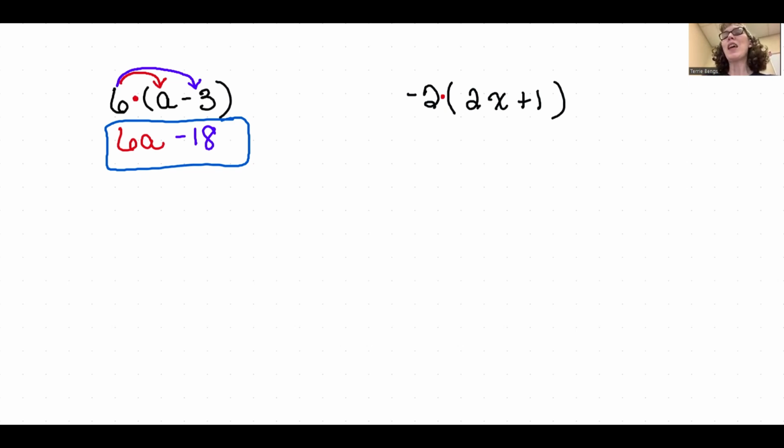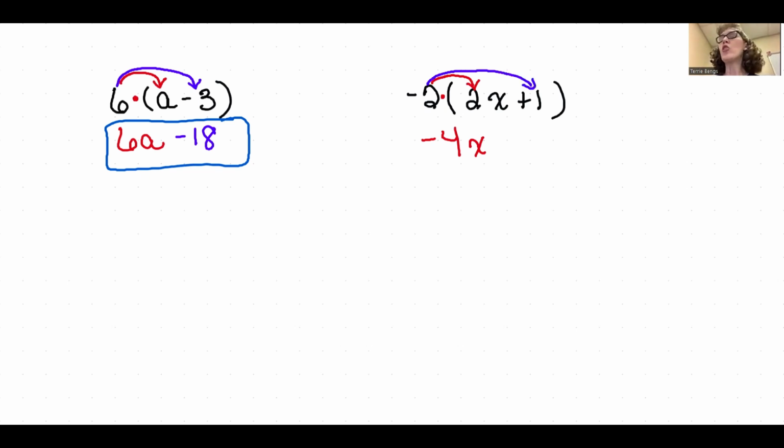So I'm going to say -2 times 2x. A -2 times a 2 would be a -4. And there's an x with it, so we'll put our x down with our -4. Then we take that -2 and distribute it to the second term in the parentheses, which is the +1.